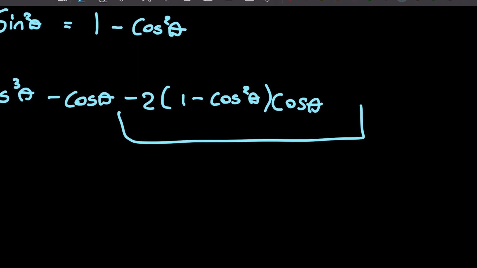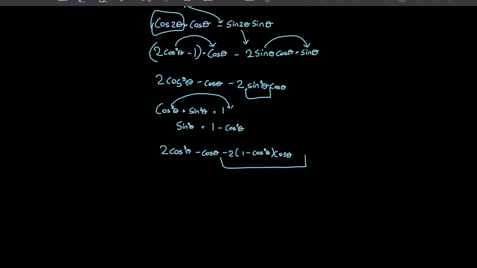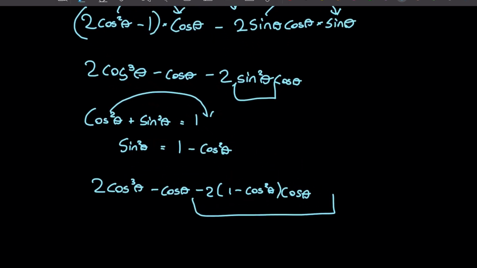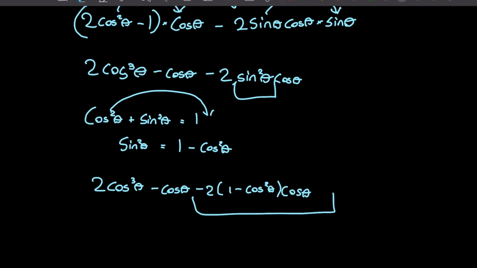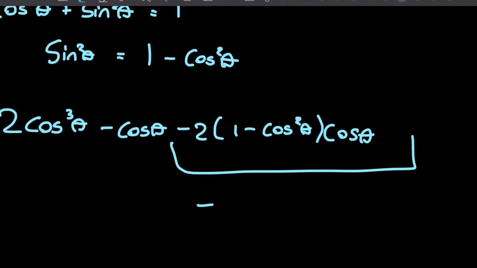Wait, did I do something weird? Oh, no, I didn't. Okay, great. So we'd have minus 2 plus 2 cos squared theta, and this would be multiplied by cos theta.